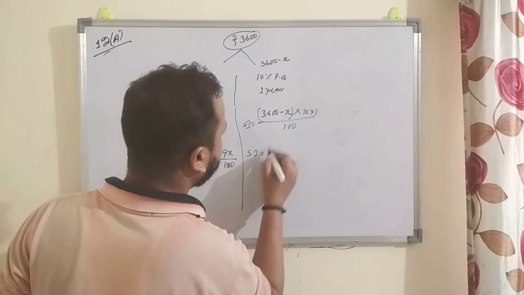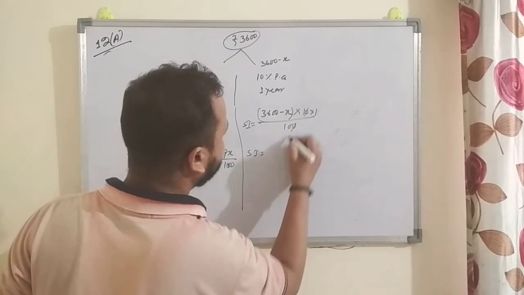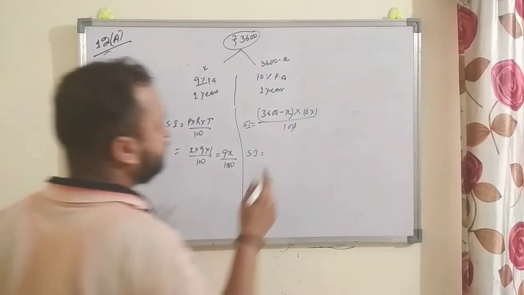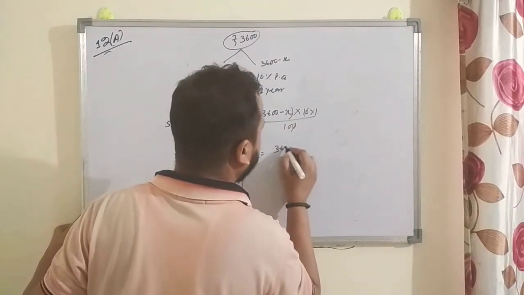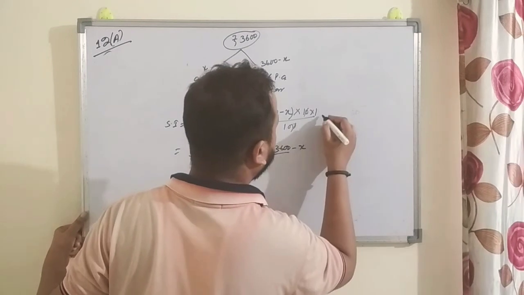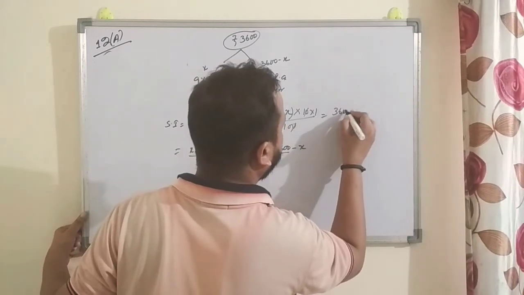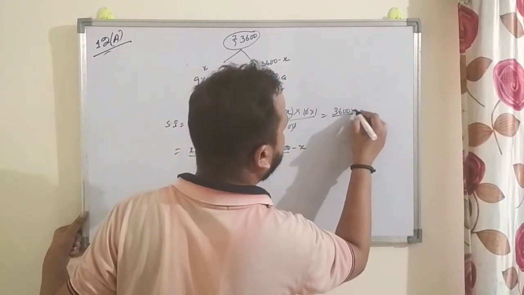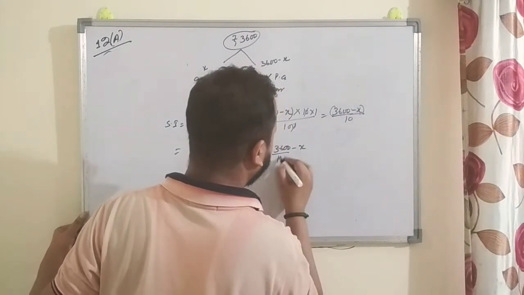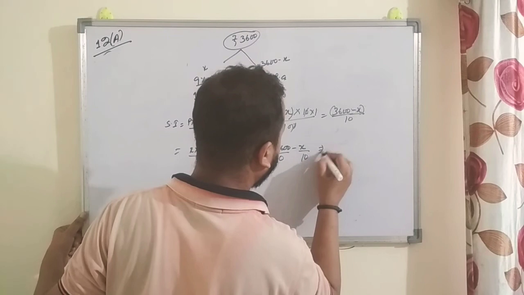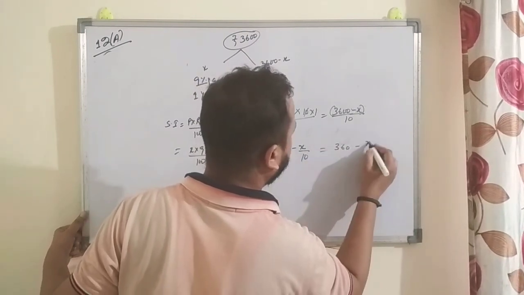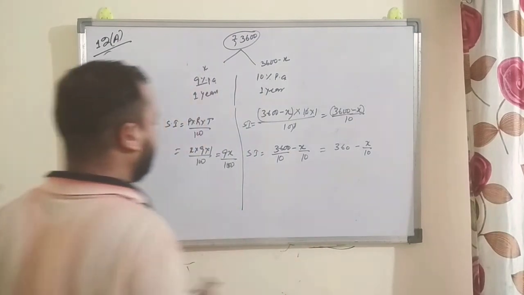So SI is equal to, 3600 minus x upon 10. So you can bifurcate it and you will get 360 minus x by 10.